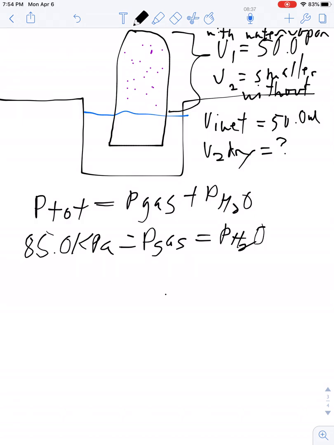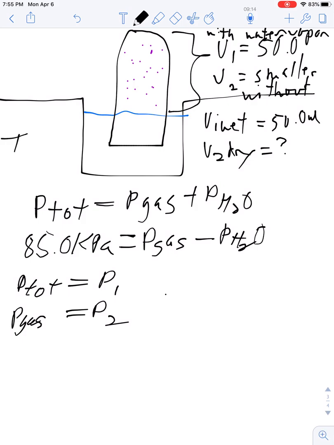I know that the total pressure is 85 kPa. Okay? What is the pressure of just the gas? This is a mistake right here. Because the total pressure is going to act as P1. The pressure of the gas is going to act as P2. Okay? So let's find the pressure of the gas. Well, I need to know the temperature of the water.